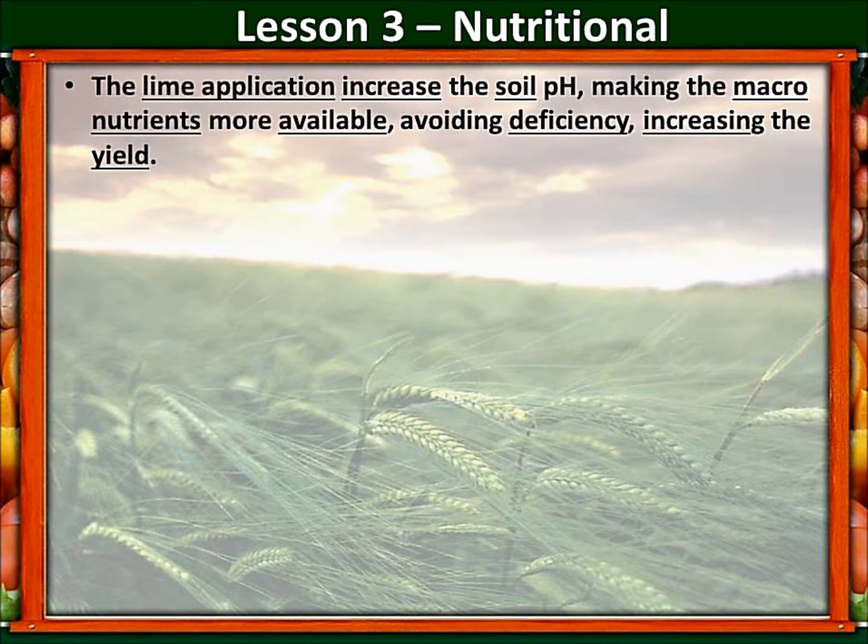Agora que vocês estão craque no inglês, vamos repetir tudo depois de mim, bem rapidinho. The application increase the soil pH, making the micronutrients available, avoiding deficiency, increase the yield. Sua vez. Come on, go! Boa, valeu a tentativa, valeu pessoal. Vamos traduzir essa frase, como vai ficar então?